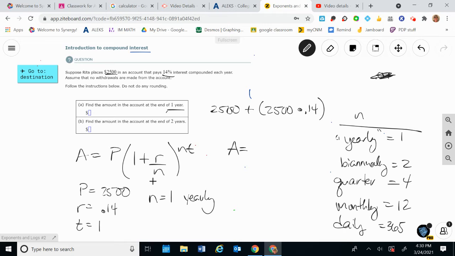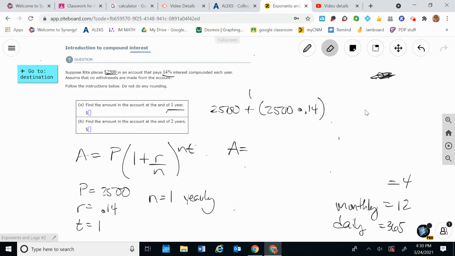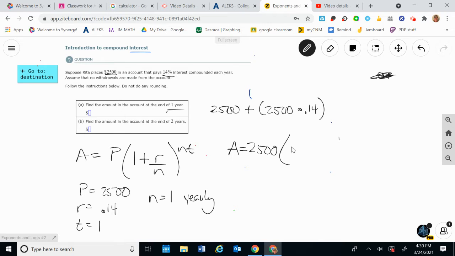All right, so you can see how this is going to get super simplified. And that's okay. I don't care that it's simple. It doesn't bother me. So what? At least you have something to always fall back on. 2,500 is your P. 1 plus R, 0.14 divided by 1 to the NT.